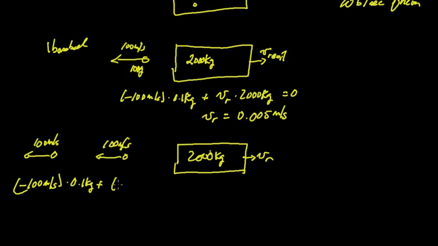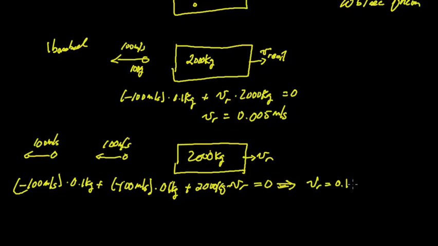I add the momentum of this one, negative 100 meters per second times 0.1 kilograms. I add the momentum of the craft, 2,000 kilograms times the recoil speed, and that all has to add up to 0. That lets me solve for the recoil speed at 0.01 meters per second, which, if you notice, is 2 times the 0.005 meters per second.